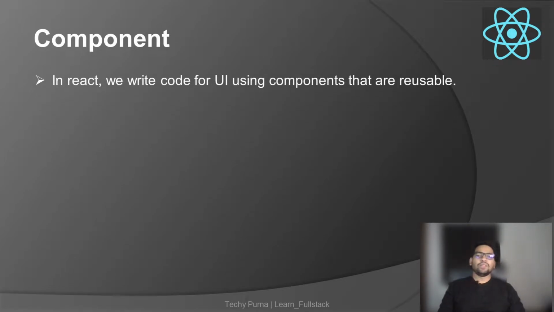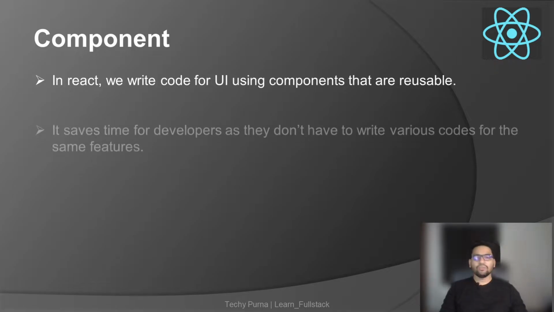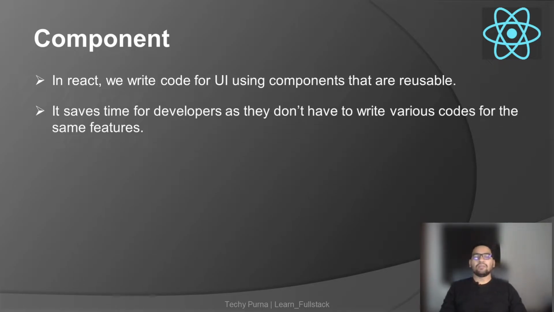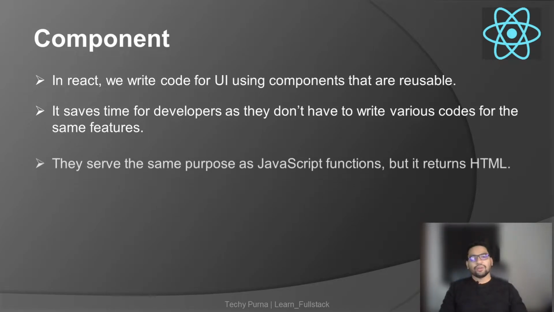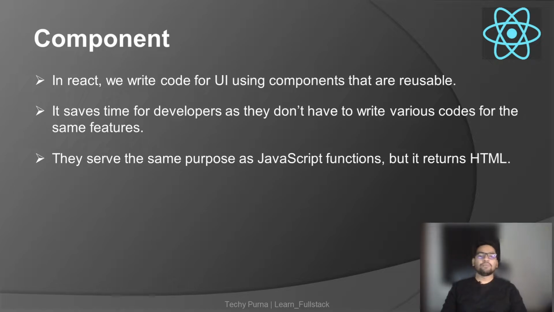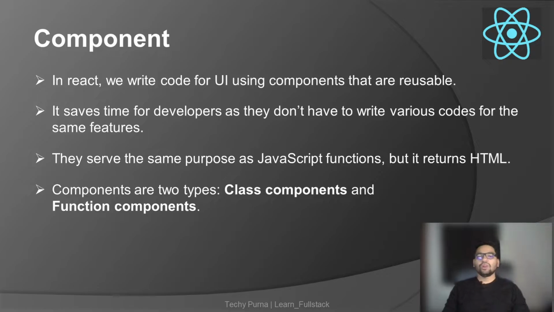In React, we write code for the UI using components that are reusable, and it saves time for developers as they don't have to write various code for the same features. The main advantage of using components is that they're reusable, and they serve the same purpose as JavaScript functions, but they return HTML. Components are of two types in React: class component and function component.